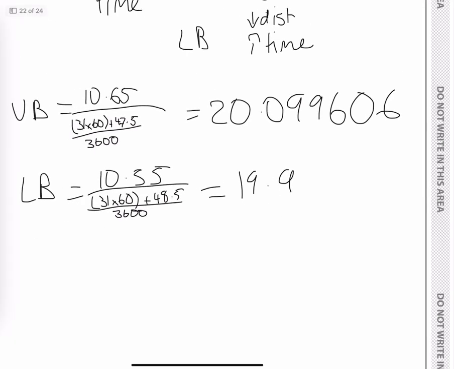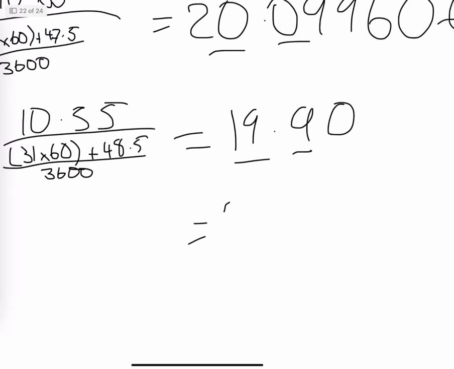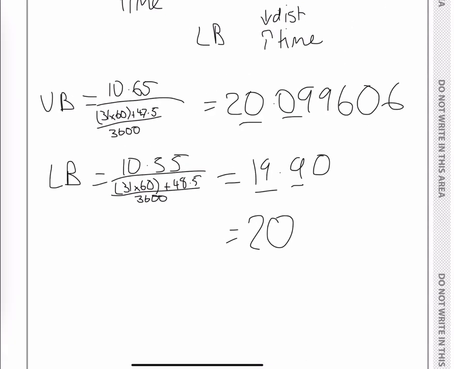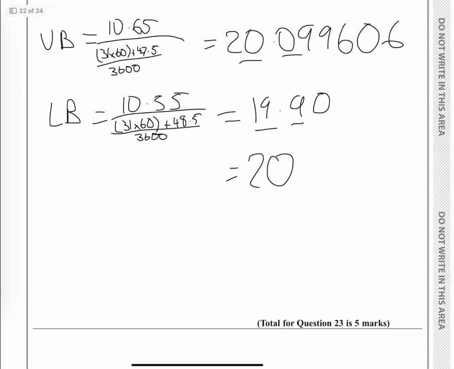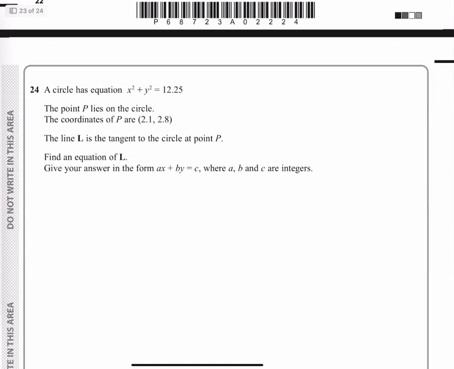Is there a first thing they both round to the same thing, okay? Well, that rounds to 19.9, that's going to round to 20.1, so it's not that one, is it? Both of these things will round to 20, though. So they both round to 20, and that is it to a suitable degree of accuracy, because we're looking for when the upper bound rounds to the same thing as the lower bound, essentially. That is our suitable degree of accuracy.